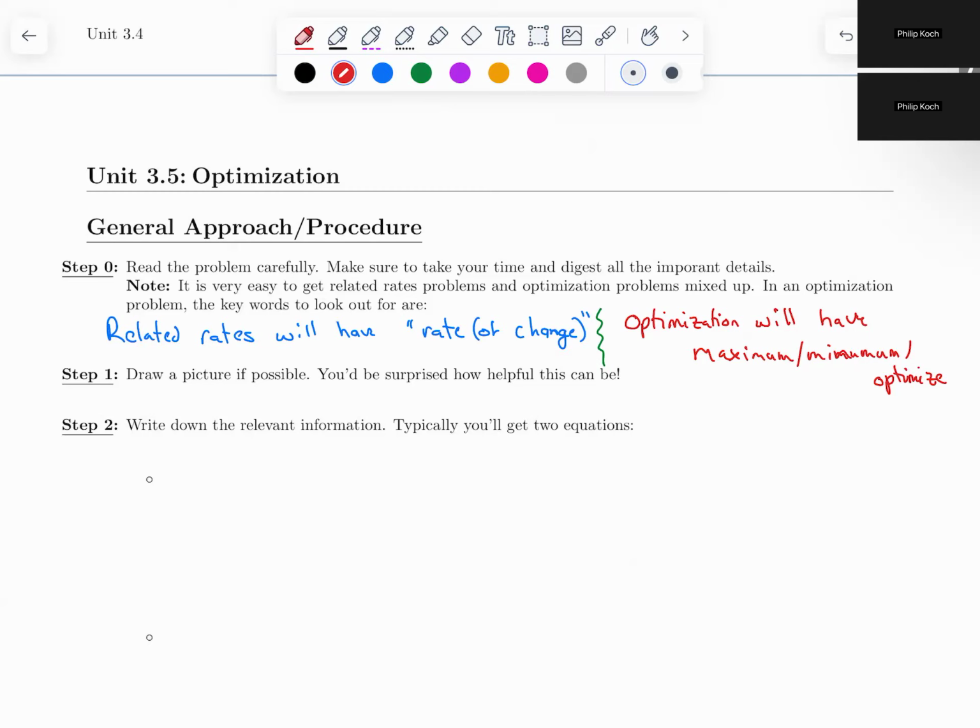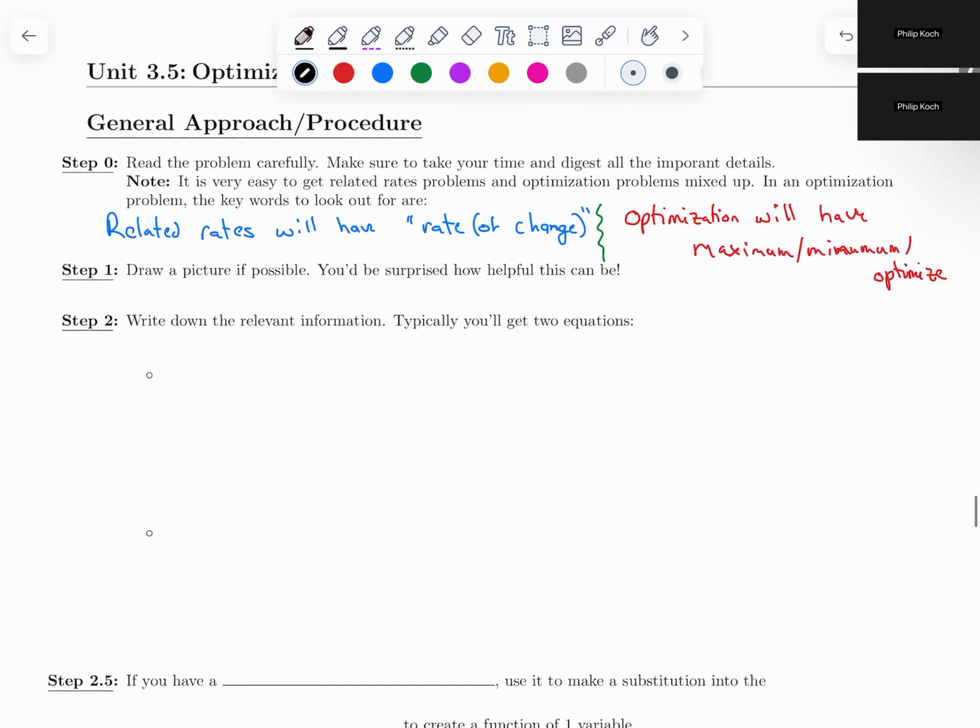Step 2, write down any relevant information. This will usually be 2 things. You'll get 2 equations. One of them is what I call the optimizing equation.